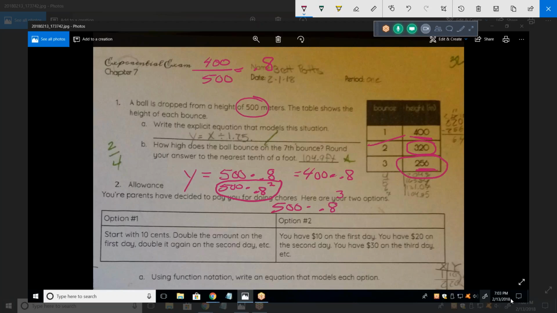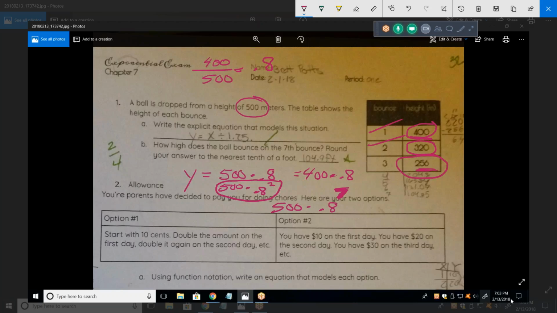Oh, that makes sense. So what we want to do is 500 times 0.8 to the seventh power. And yeah, you got to be a little careful here that you don't get off by one bounce. We can see that the first bounce gives a height of 400.